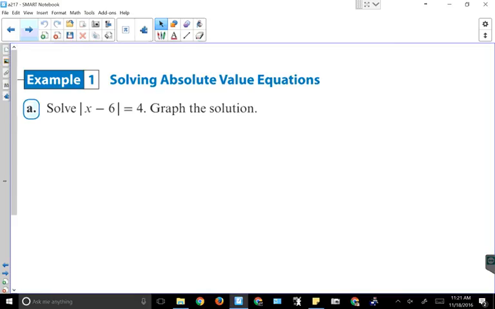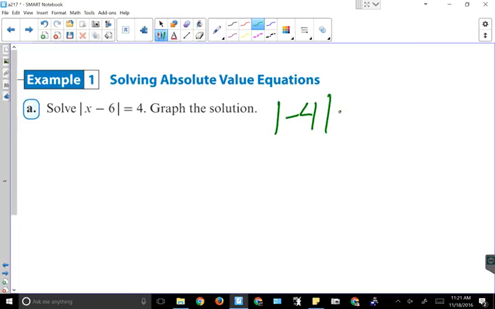So I want to solve this. The absolute value of some number minus 6 is equal to 4. What we need to remember here are two things. There's always going to be a positive and a negative of this. That is true, and that is true, correct?